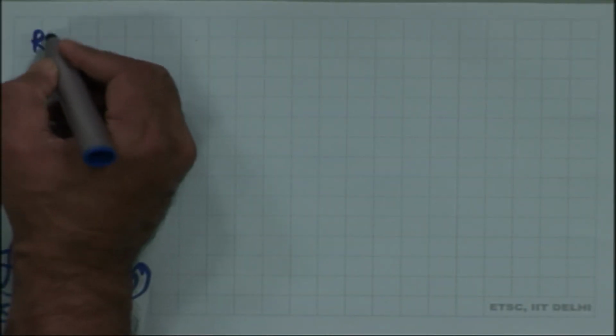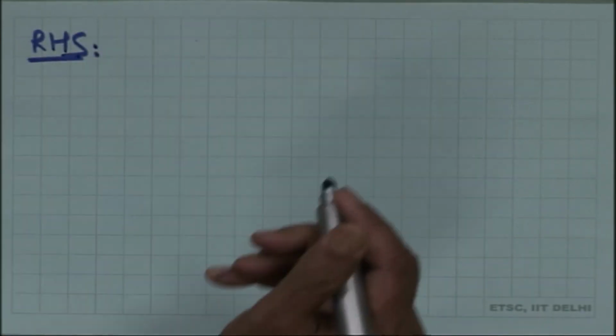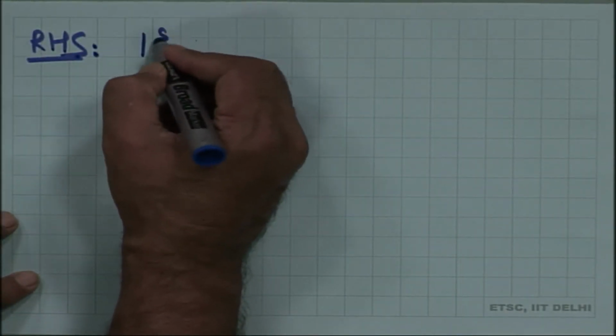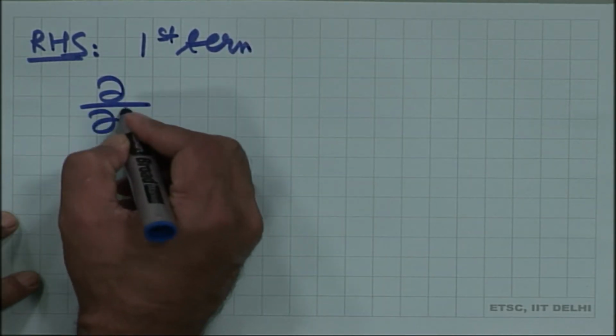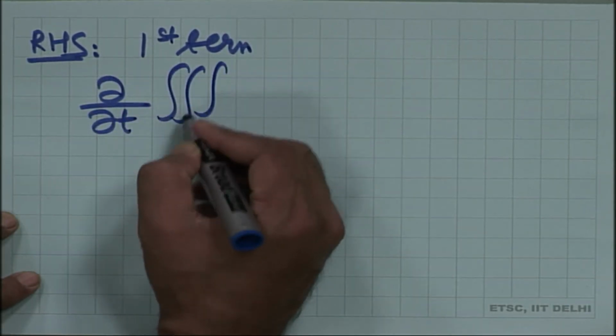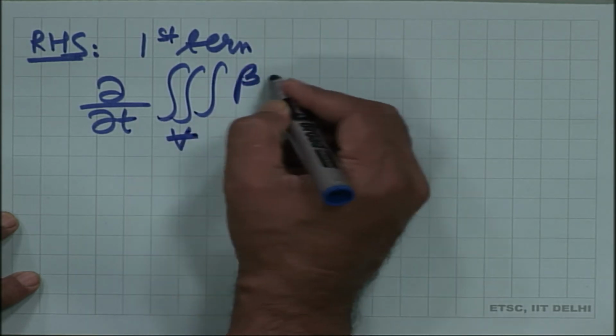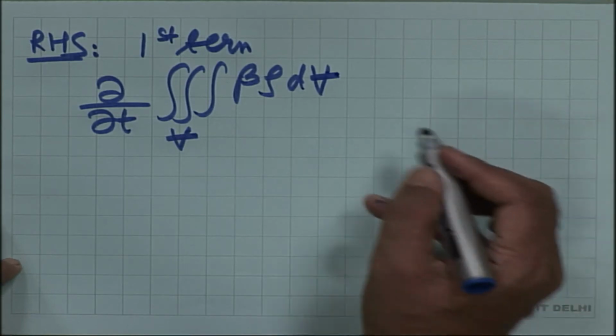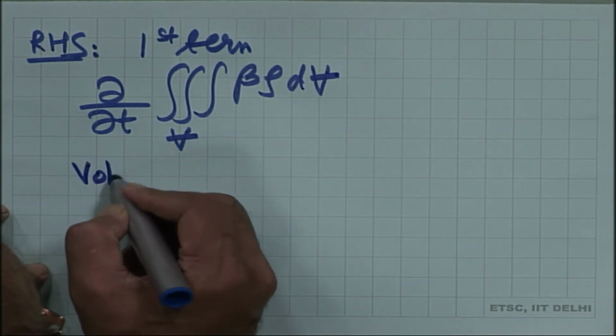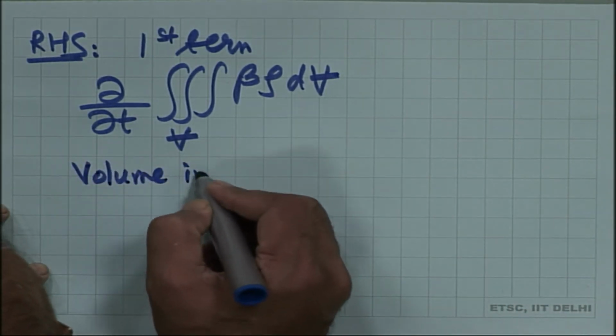In the right hand side of the Reynolds transport theorem, there are two terms. The first term is the partial by partial t of the integral over the volume of beta rho dV, which means that this is a volume integral.